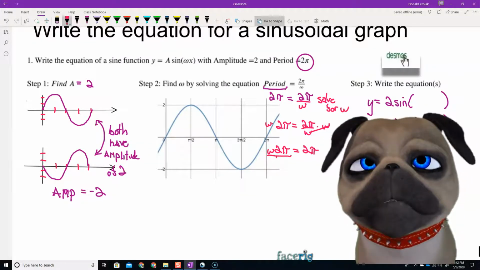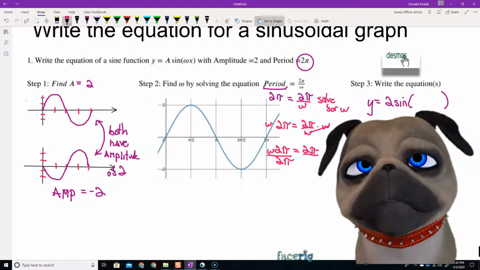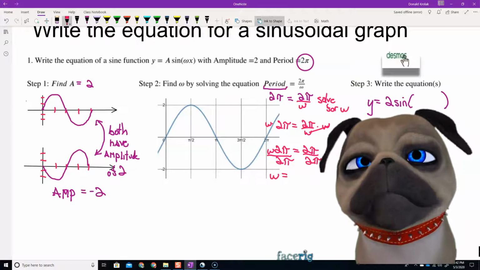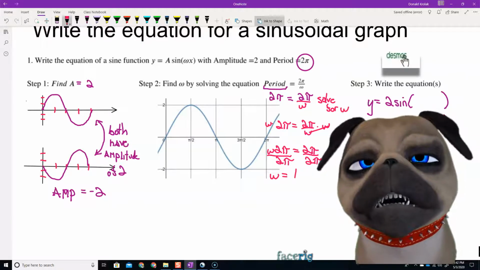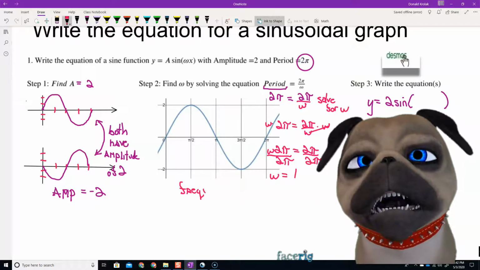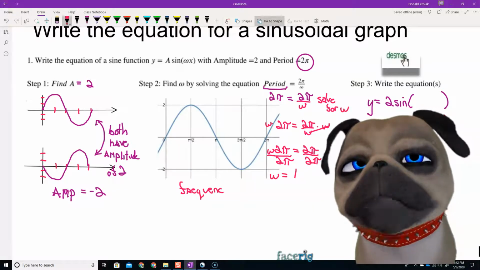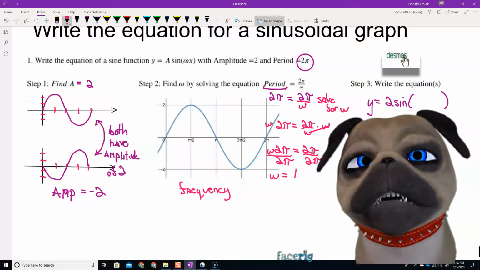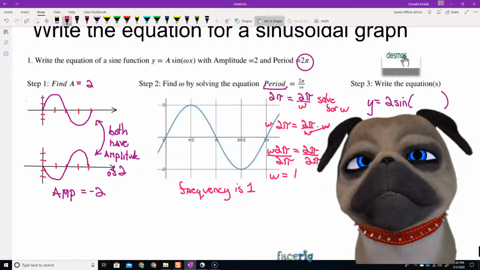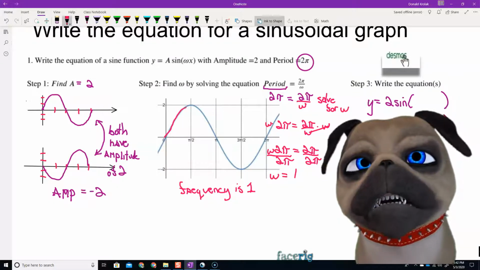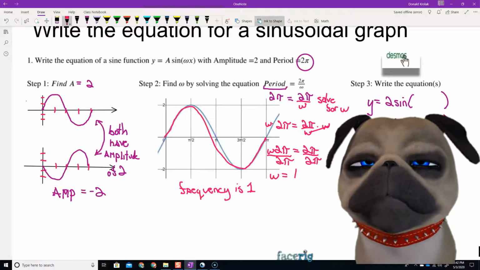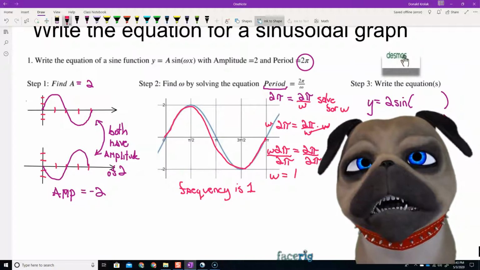And if I went ahead and did the algebra, I would get omega is 1. So that's telling me that the frequency is 1. I see one cycle. When I say frequency, I mean there's one cycle of sine between 0 and 2 pi. That's what frequency stands for.